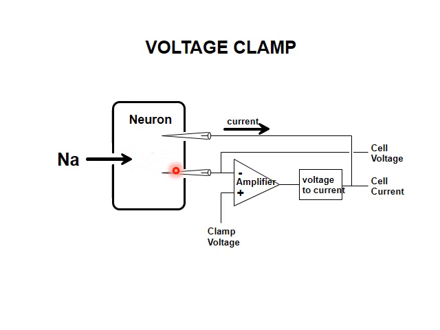And in fact, this negative feedback circuit will continue to just match the influx of sodium. Now we can monitor how much current is being injected into the cell here, so we have a measure of how much sodium is flowing into the cell. And in that way, we can determine the time course of the opening of the sodium channels and how many sodium channels are being opened.